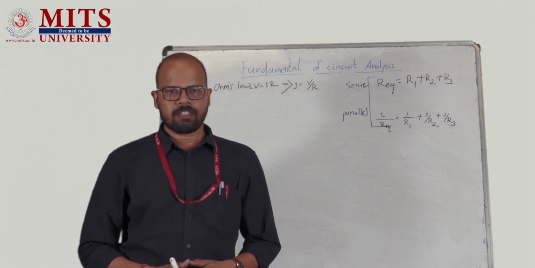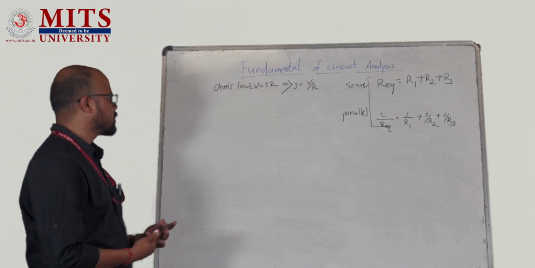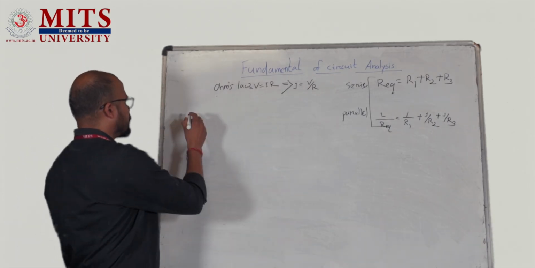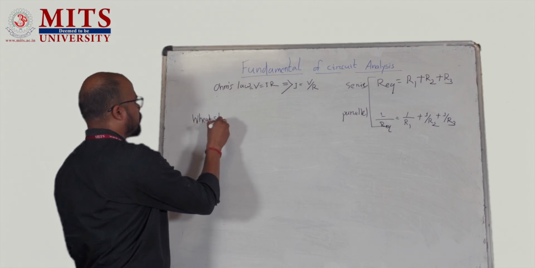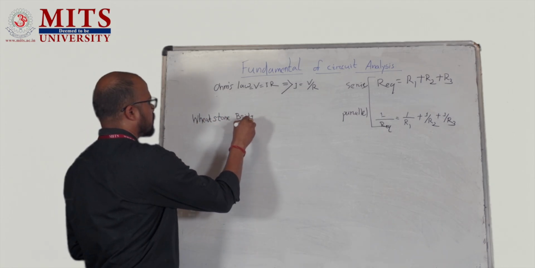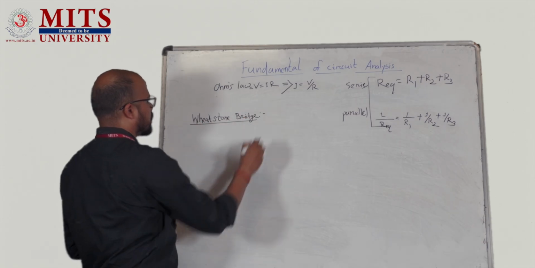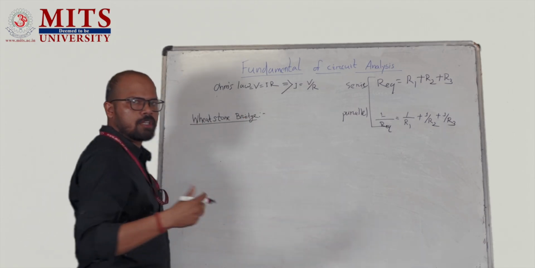So let us see where we left off in the last class, and today we discuss something more interesting, called the Wheatstone bridge. Suppose in this case there are 5 resistors or more than 5 also.